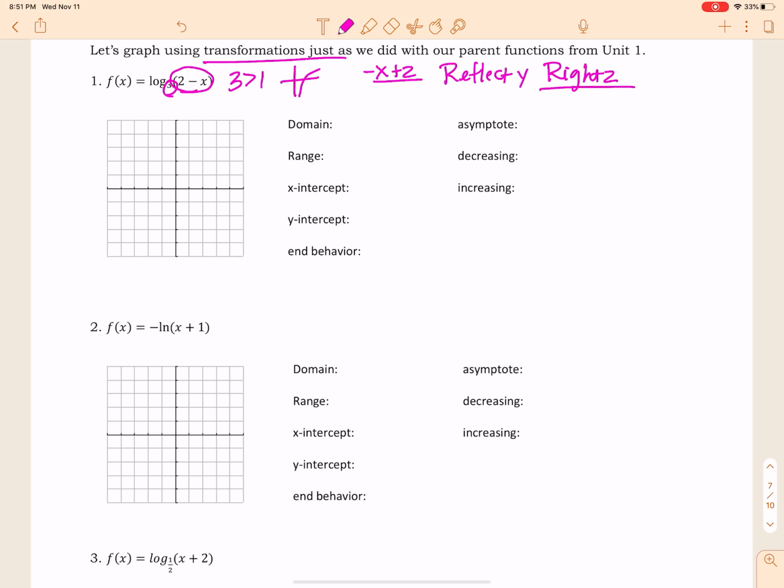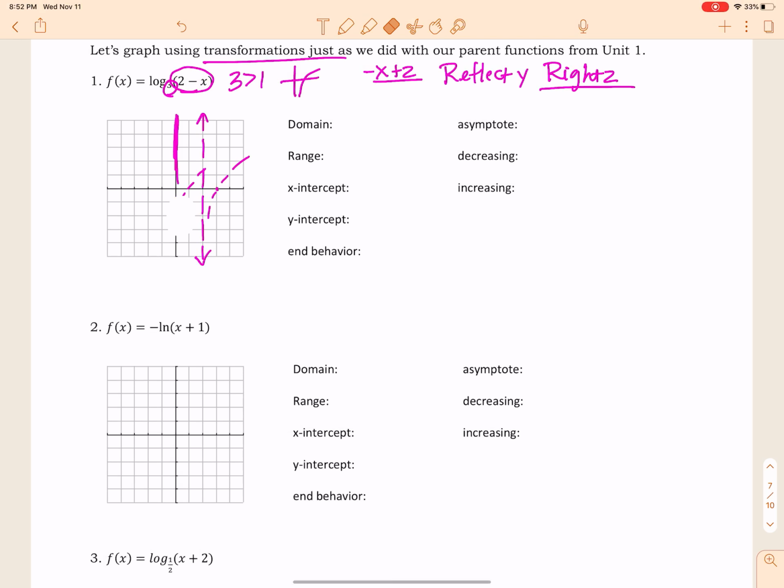So it is going to be right 2. If we think about what the parent looks like, since we are moving right 2, that means this asymptote here at the y-axis actually moves to the right 2, just like that, which means the graph would also move to the right.